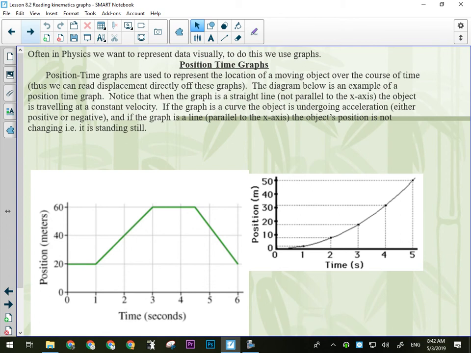All right, so a position versus time graph tells us where the object is as a function of time, or at various points in time. If I'm looking at this first graph with the green line on it, where does the object begin?